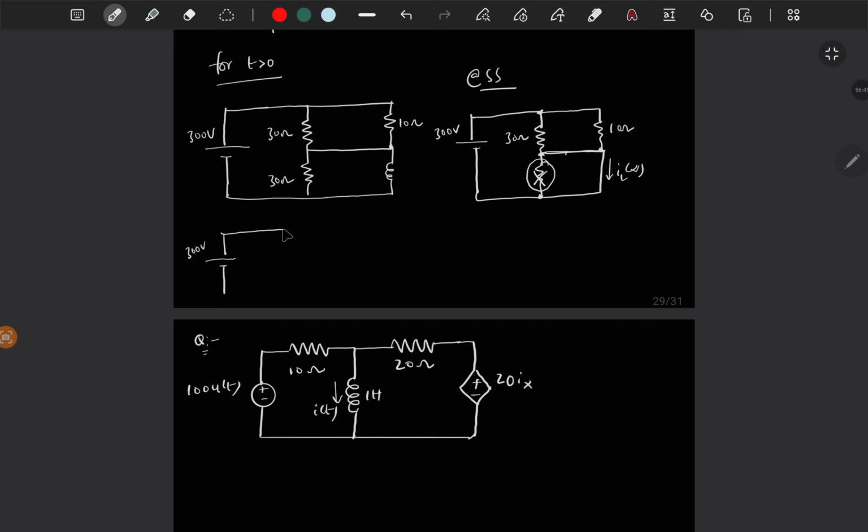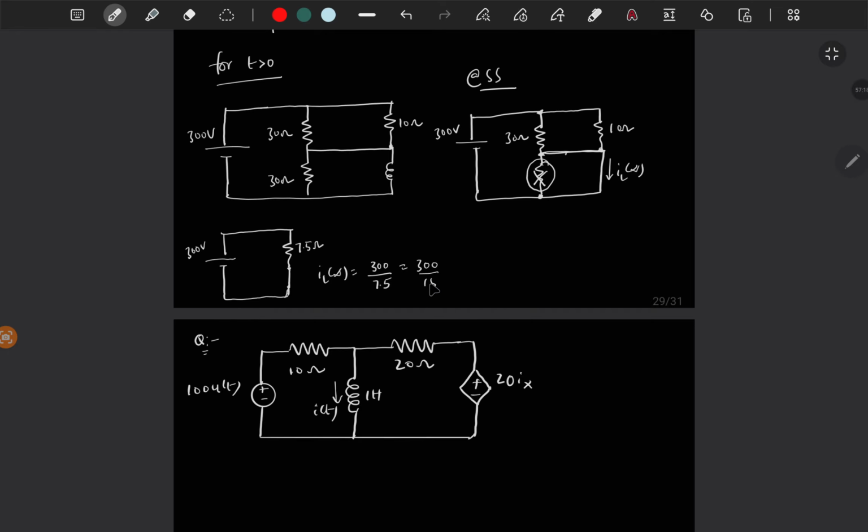So you will get 300 volt and this 10 parallel 30, which is 10 into 30 by 40. So 30 by 4, 15 by 2, 7.5. So 7.5 ohms, and inductor is short circuited at steady state. So simply IL of infinity is 300 by 7.5.